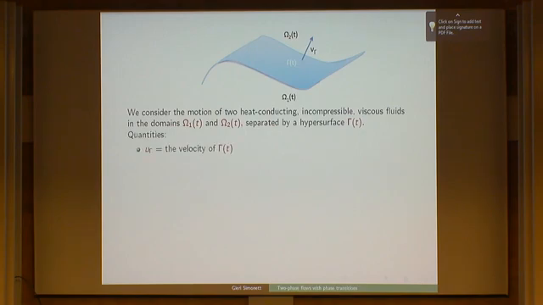So the quantities that you will see me using is a velocity, the surface velocity, and it will always have a subscript gamma. So it moves, I don't mean normal velocity or normal direction, it's a velocity.